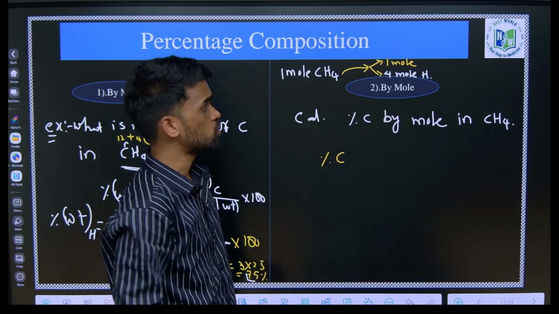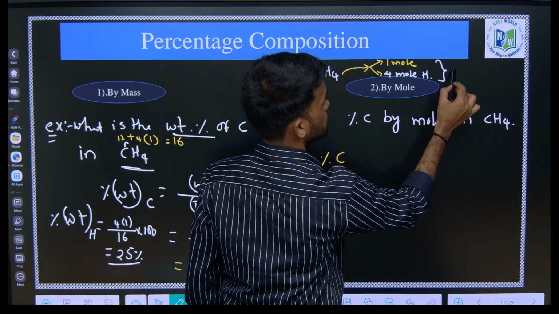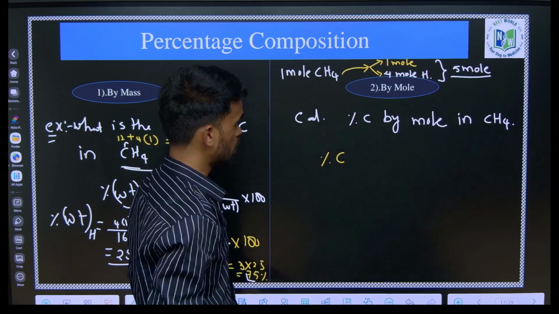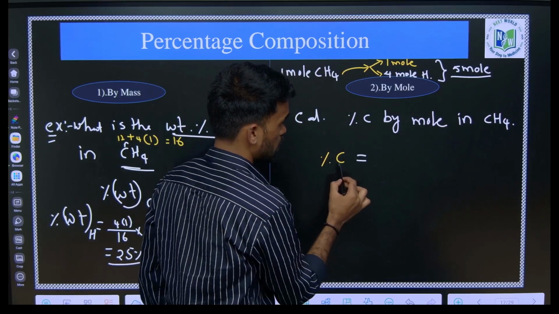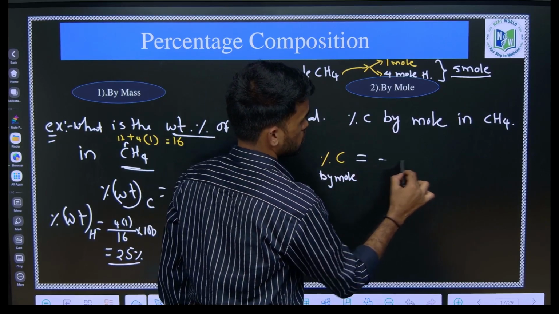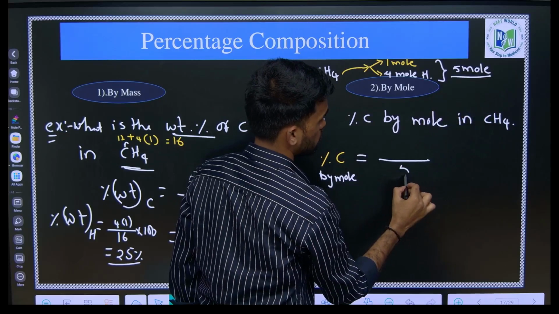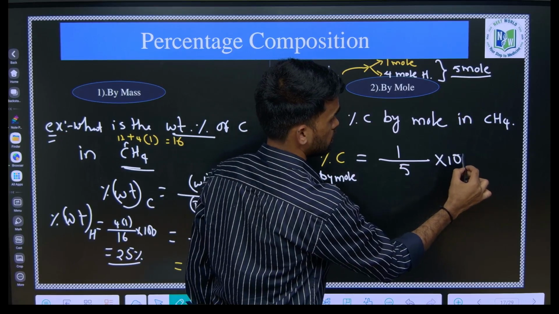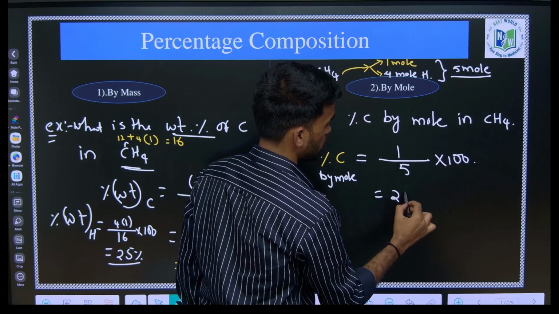So total how many moles? That will be total 5 moles, right? Now if I ask for the percentage of carbon by mole, total moles are 5, and moles of carbon is 1, so 1 by 5 into 100. You get 20%.